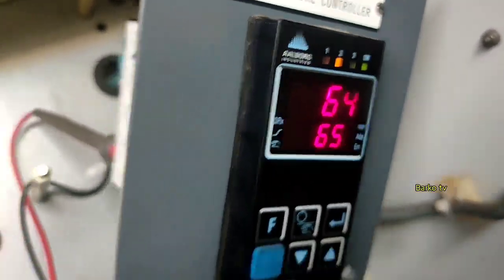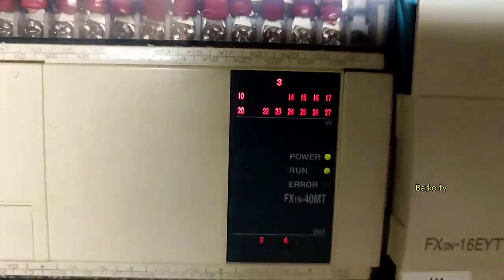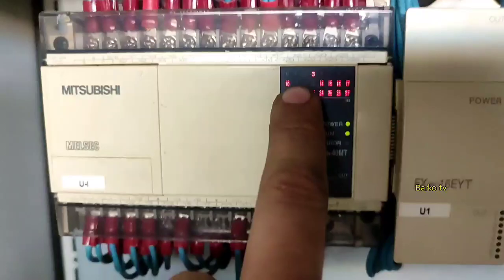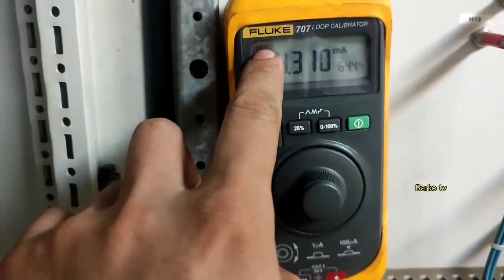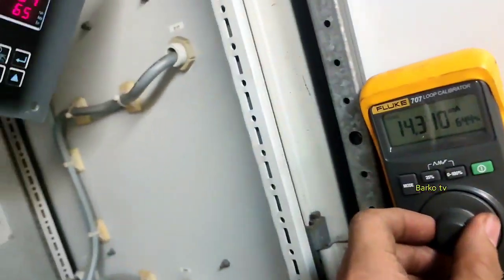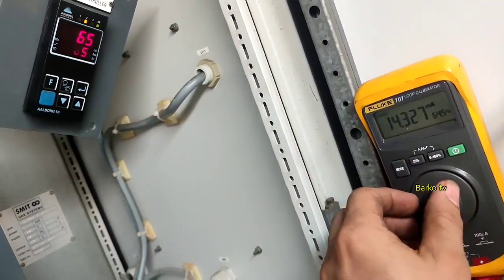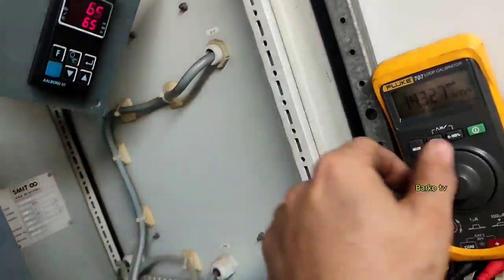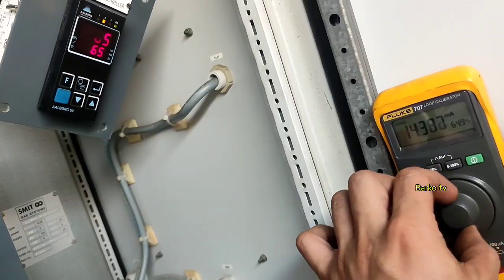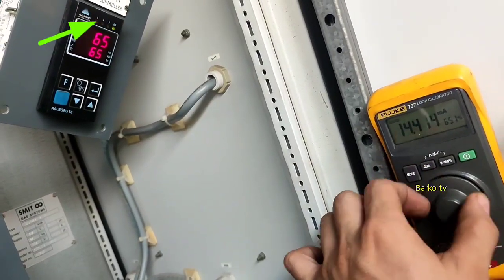For example, that 64, that 11. Example, this PLC 11, mark that 11, that PLC, that is input for the PLC coming from the output of that controller. Example, 14 amps, 4.3 reaches 65. That number 2 indicator, that is for the relay.